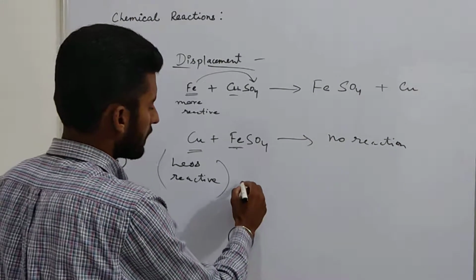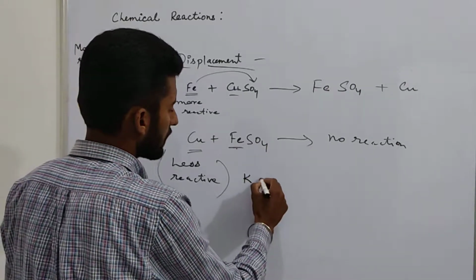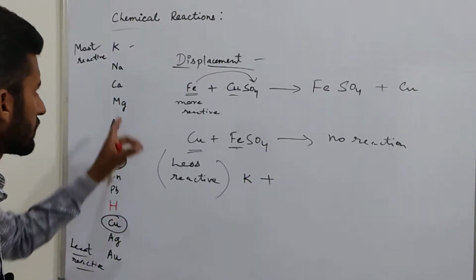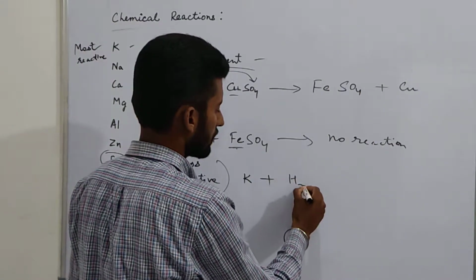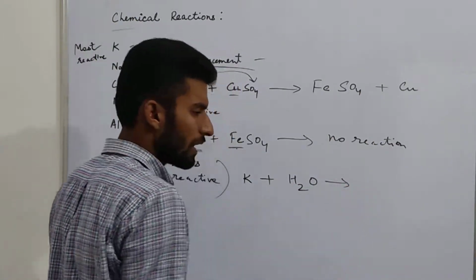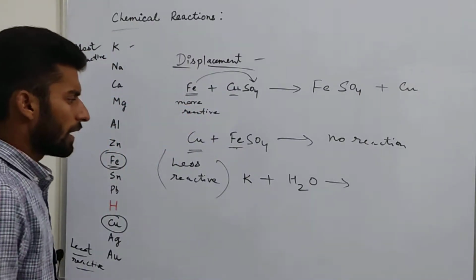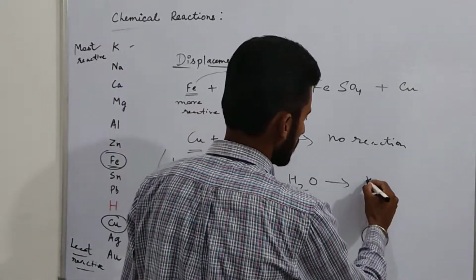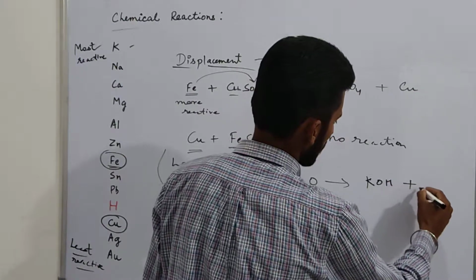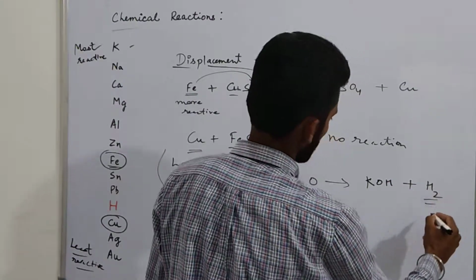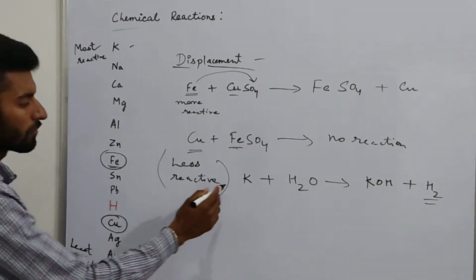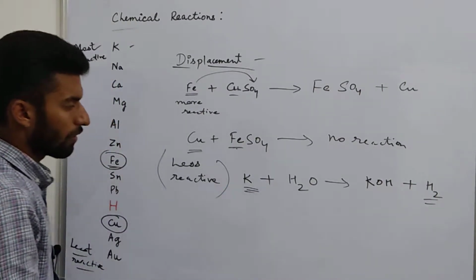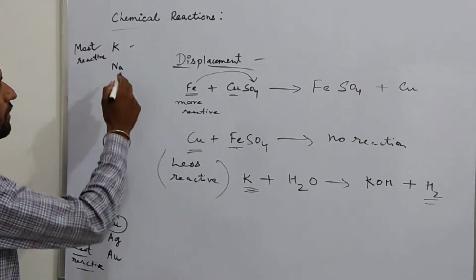Generally, when potassium, which is a metal at the top, is added to water, the reaction is highly explosive in nature and potassium hydroxide is formed, along with hydrogen gas being evolved. Clear? Now what does potassium do here, or how does this reaction take place?